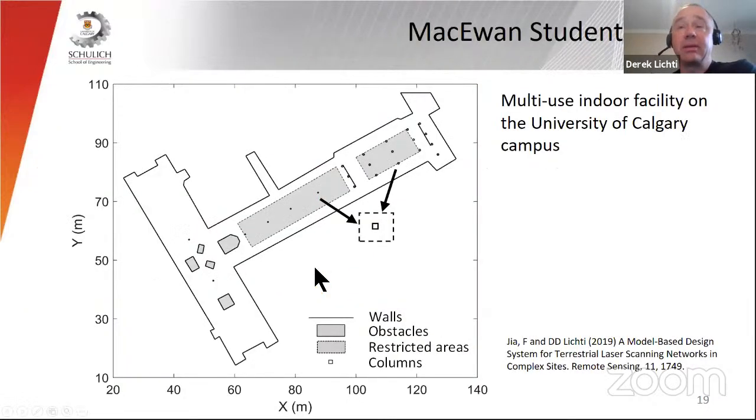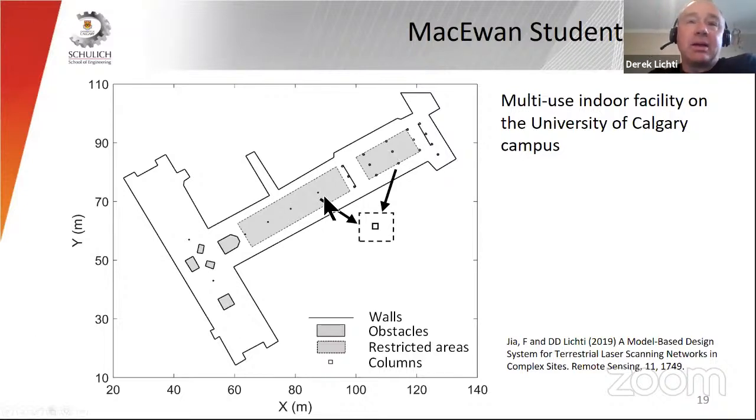So let us look at an example. This is the McEwen Student Center. It's a multi-use building on the University of Calgary campus. There's a lot of restaurant space, fast food restaurants, unfortunately, commercial space, as well as some administrative space. It has a number of occlusions within the environment, in particular stairwells and elevators, or lifts.